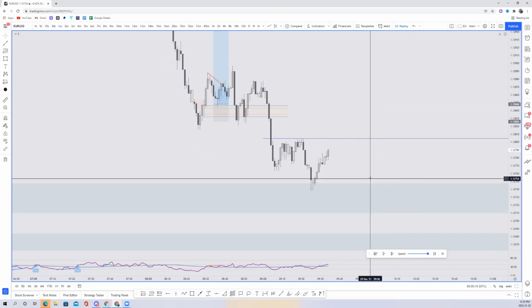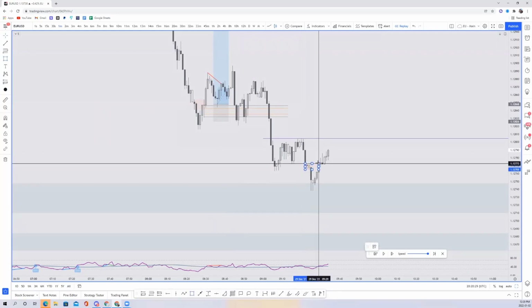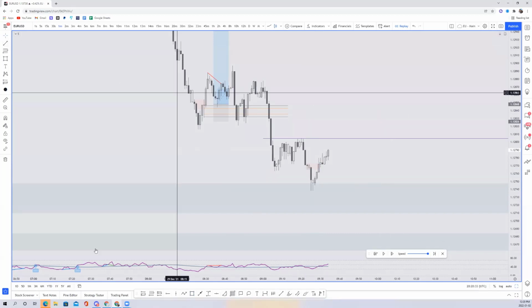So to myself, if this is our last point of supply here, let's try that again. If this is our supply zone here, so far I've been looking at 15 chalk when price reaches a higher time frame supply and demand, and 1 minute chalk if price reaches 15-minute supply or demand.